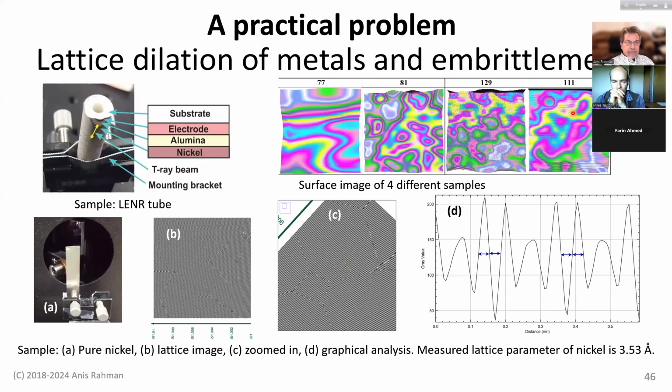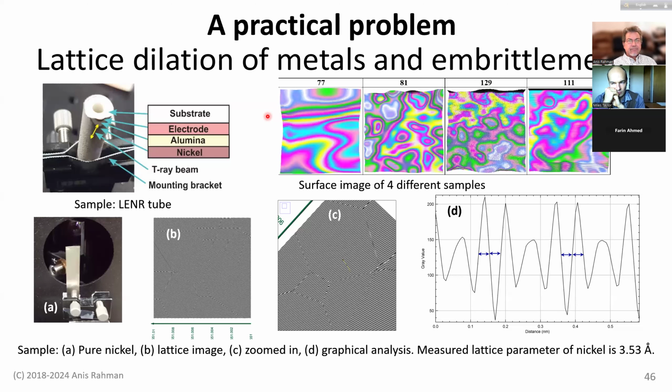So the objective here is to see if there is any lattice dilation. Lattice dilation means that the original lattice expands, and that's where the failure starts. It's called embrittlement. Metal suffers from embrittlement and failure happens, but it starts at the lattice. Because if the lattice expands, that's where the crack, everything starts.